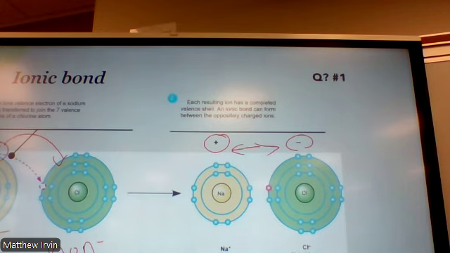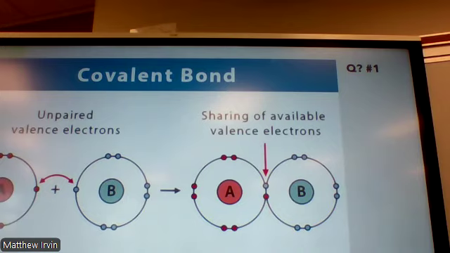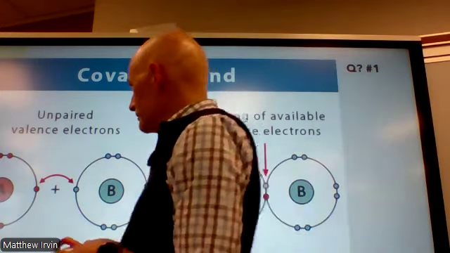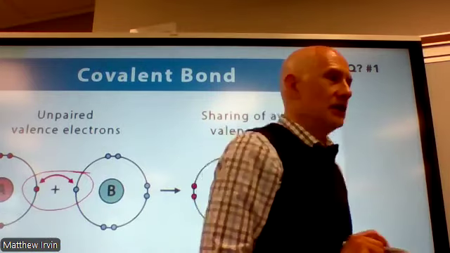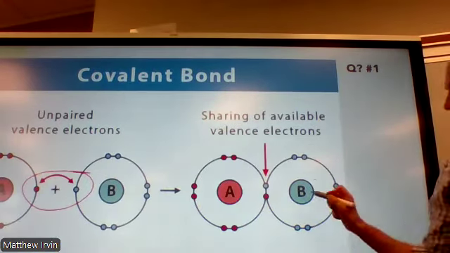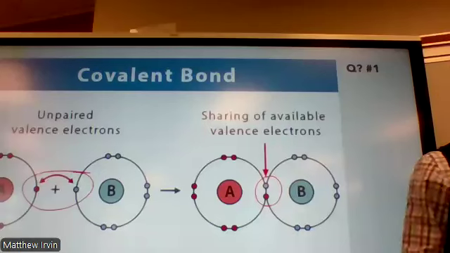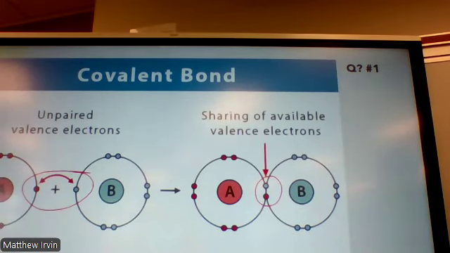Covalent bonds, on the other hand, these are going to be where we have typically two non-metals, and we are going to share electrons in the outer layers to form a shared pair. That is then going to hold those atoms together.